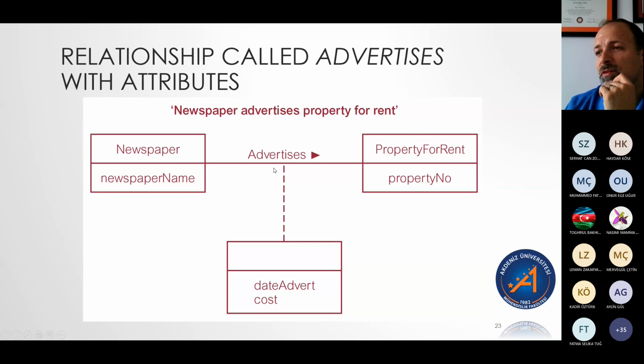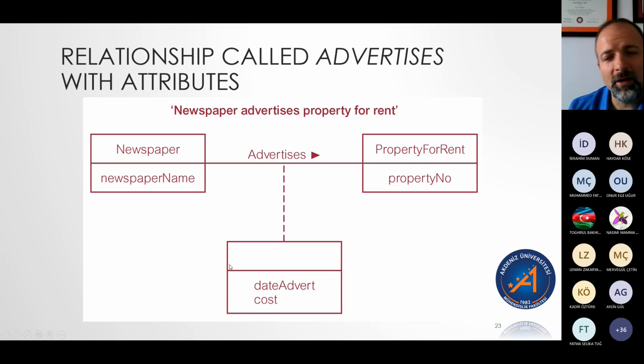Because if we advertise with a different newspaper, we're going to need to know what was a different date, what was a different cost, how much did it cost for this newspaper to advertise a certain property for rent. So if we advertise the same property in 2 or 3 newspapers, we're going to want to keep information related to that advertisement for future reference.